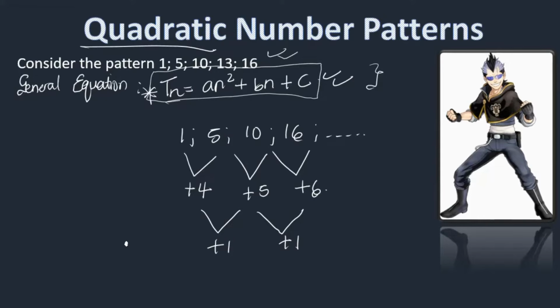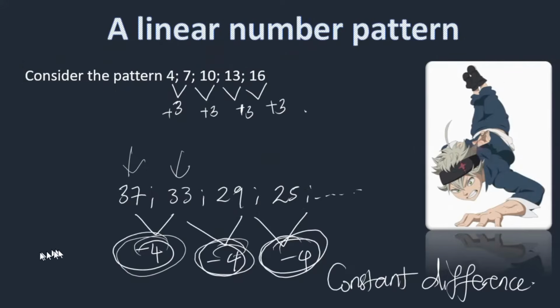Number 3, you can find out that something is quadratic by knowing that it has the second constant difference. Now, remember linear pattern. Linear pattern had the first constant difference.